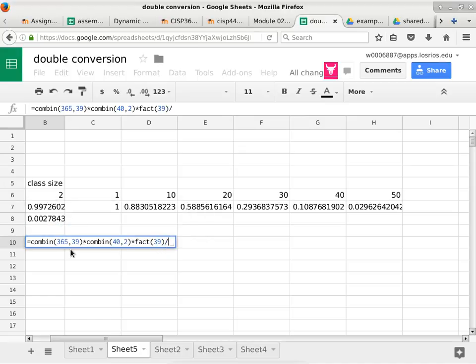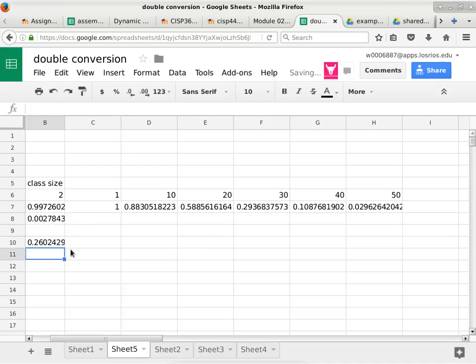And then the denominator is really just a power function, 365 to the power of 40. And that turns out to be 26%. That's the chance. So about 1/4 of the time, we will have exactly two people sharing the same birthday.